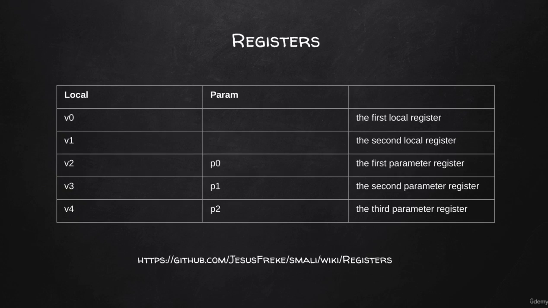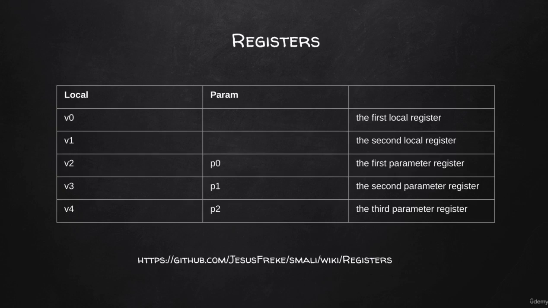In Dalvik bytecode, we also have registers, and these registers are used to store information. Typically these registers in Dalvik bytecode are 32 bits and can hold any type of value. If you want to store 64-bit types like long and double, we should use 2 registers.